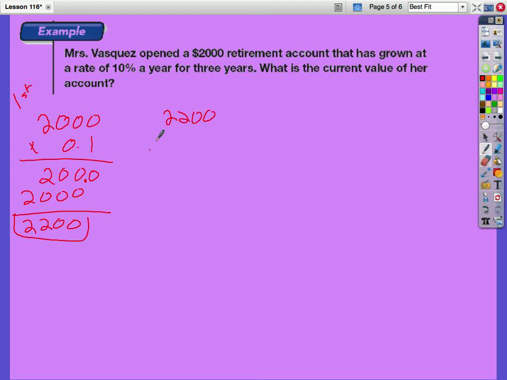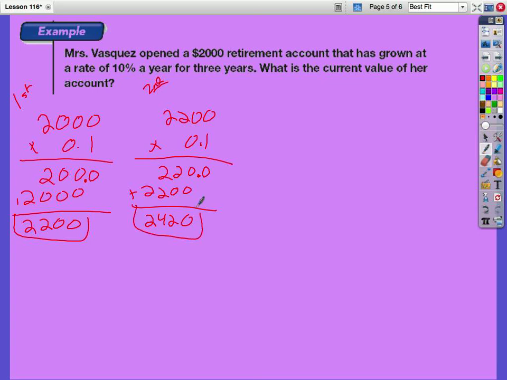So compound interest says you keep that number, multiply it by the percent again for the second year. The second year we made $220 of interest. So if I add that to what I had before, I now have $2,420 in my account.